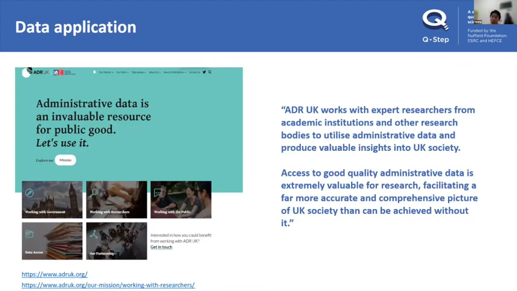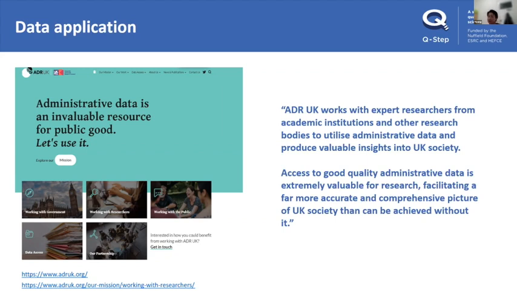As a valuable research resource, administrative data is information routinely collected by organizations for operational purposes. It has several advantages, such as whole population coverage, because it is census data, near complete follow-up, and also great potential for data linkage, which I will talk about later.